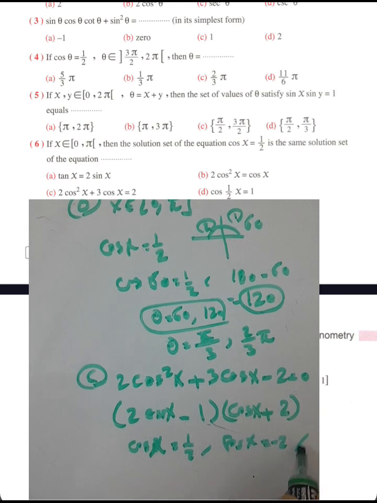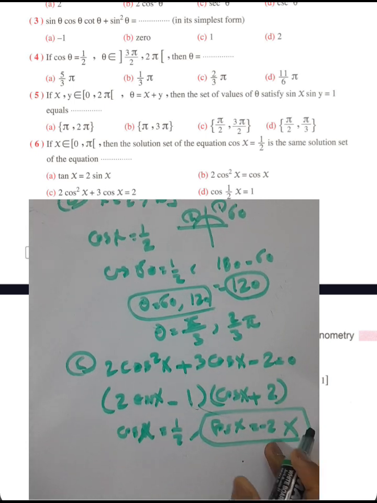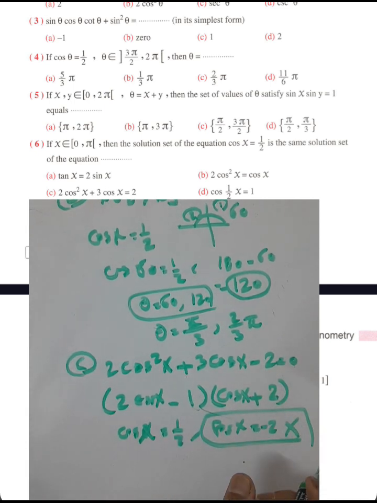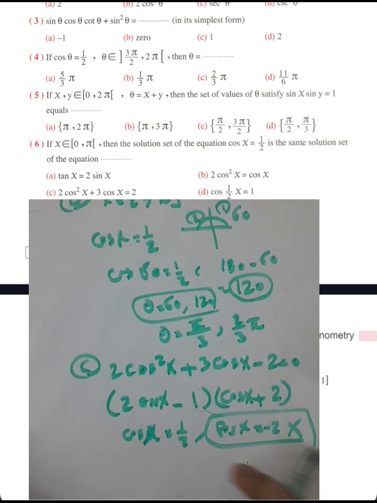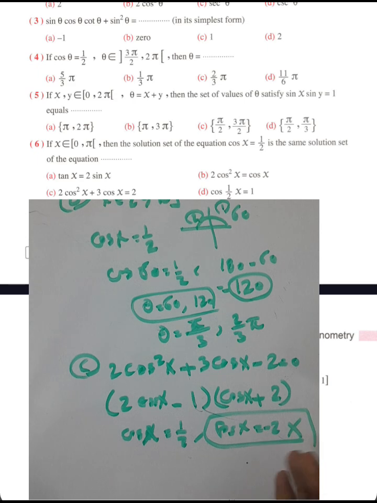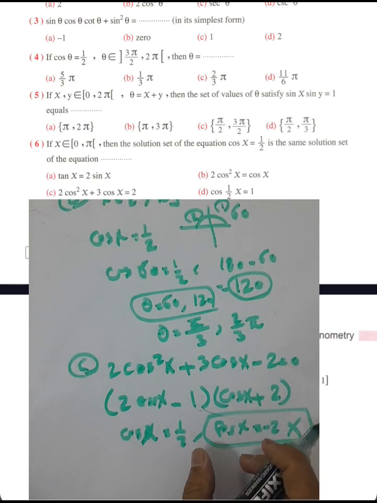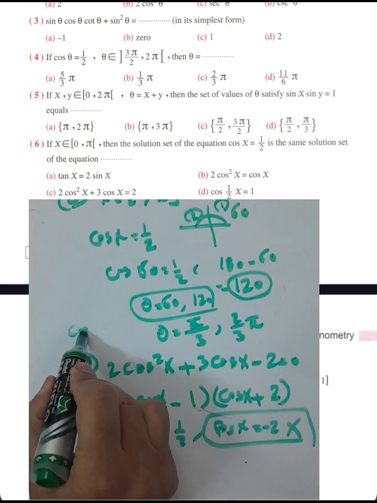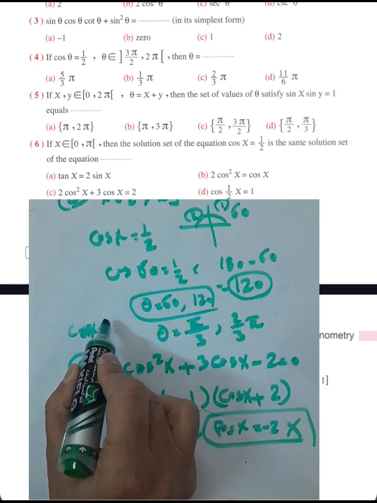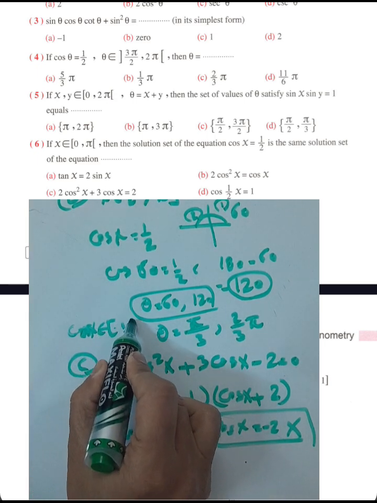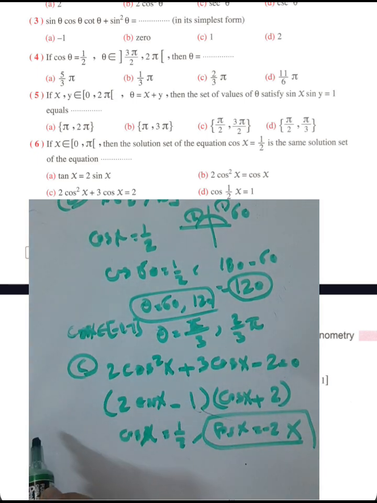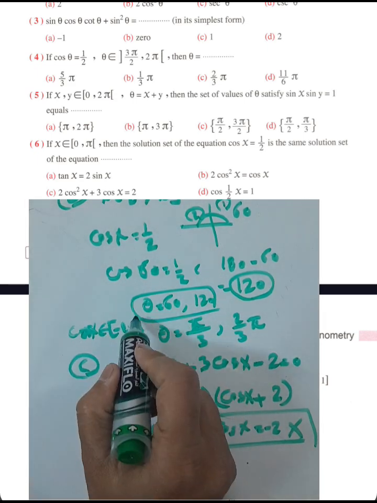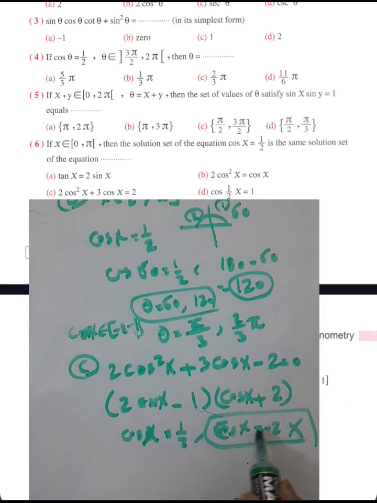It's impossible to find cosine x equal negative 2, because cosine x belongs to the closed interval from negative 1 to 1. Then it's impossible for cosine x to equal negative 2.